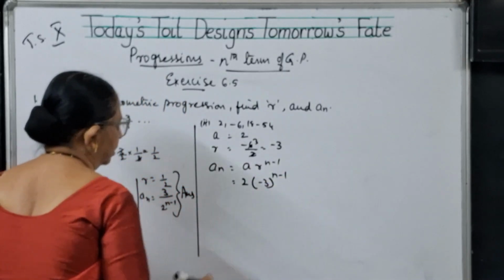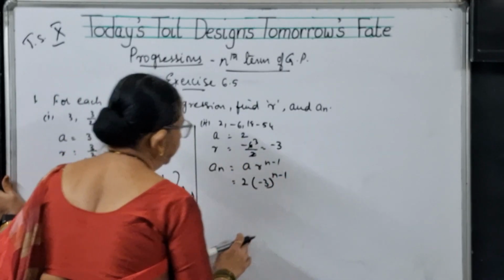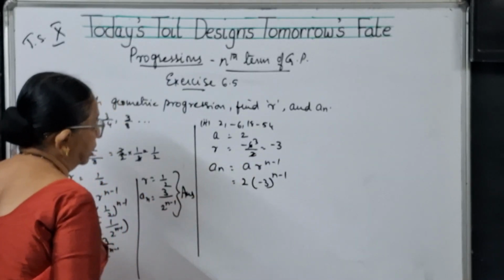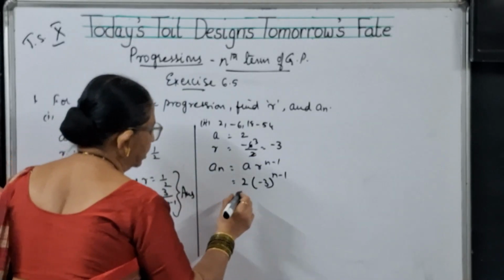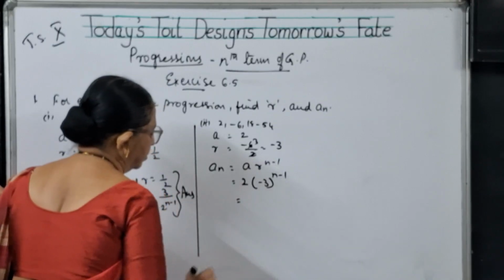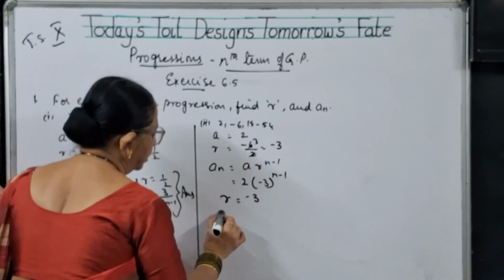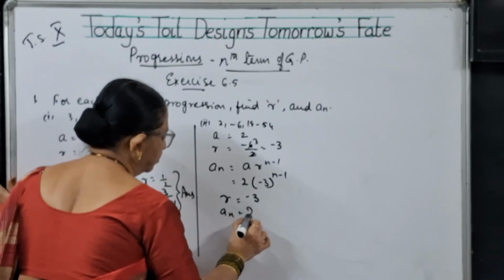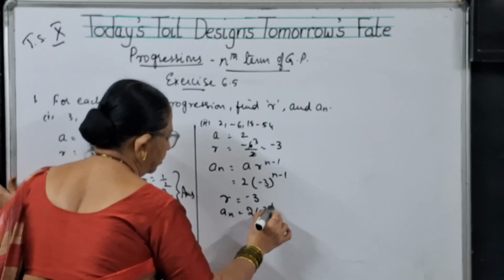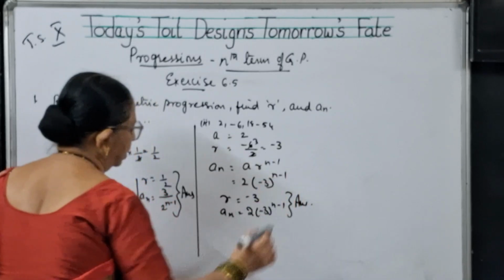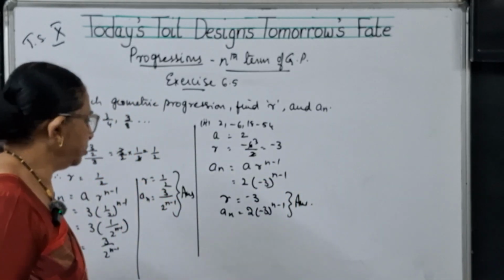Here you cannot simplify it further because the power is n minus 1. So we can write it as r is equal to minus 3 and the nth term is 2 into minus 3 whole to the power of n minus 1. These are the answers for this problem, children.